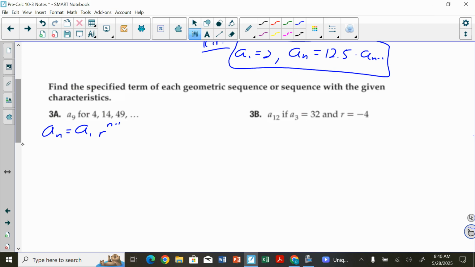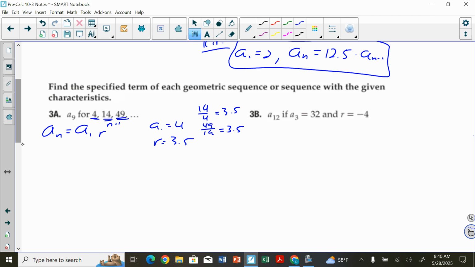I need my a sub 1, which I know is 4 here, and I need an r value, okay? For r, I take those terms, 14 divided by 4, second term divided by the first term, and I get 3.5. If I take the other one, 49 divided by 14, I also get 3.5, so that's good. It means my r value is 3.5.